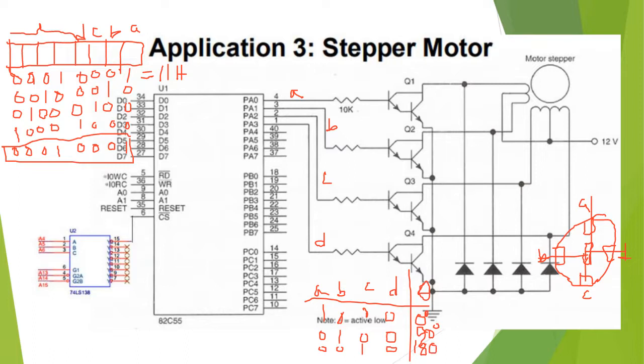So this is about the single phase excitation system, and previously we discussed the two phase excitation system, and in each case it jumps 90 degree. All right, and if it is 0, 0, 0, 1, I mean D phase on only, it jumps another 90 degrees, so it will be 270 degree.